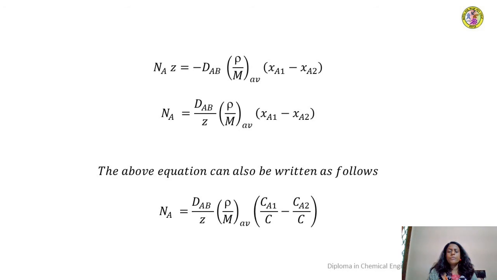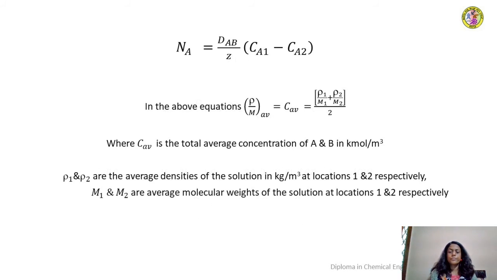Then XA2 can also be written as CA2 by C. C being common in both the terms can be taken outside the bracket, and this C gets cancelled with the rho by M average, because rho by M average is nothing but the total average concentration of the given solution. Then the equation becomes NA is equal to DAB by Z into (CA1 minus CA2). So this is again another final form of the equation.